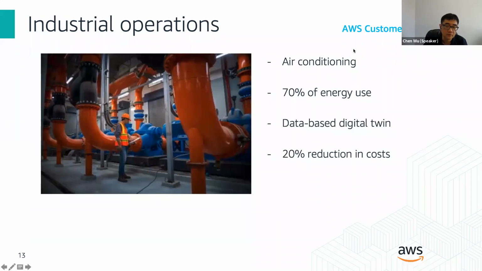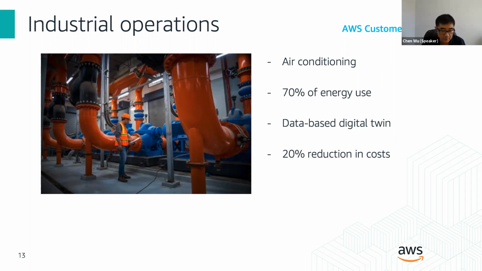The other example, which is probably quite common these days, is air conditioning. In most current buildings, 70% of energy is consumed by air conditioning, so HVAC, whatever you call it. The idea here is, again, to model the demand, the load of the system.